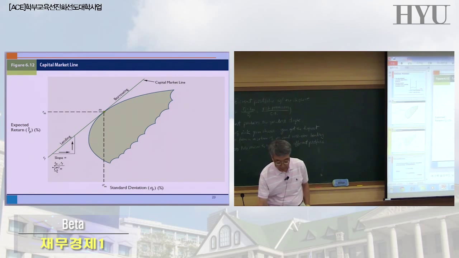Or you can do any mixture of those. For example, if you put half of your money in the portfolio and half in the T-bill, then you'll be right in the middle here. That means you can expect about half the level of risk and half the level of return.